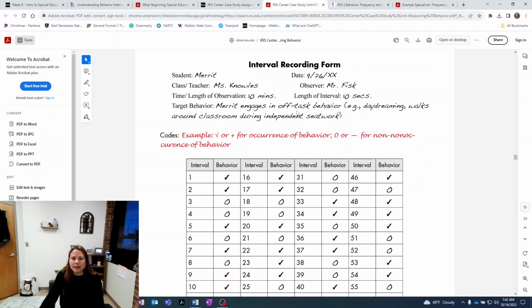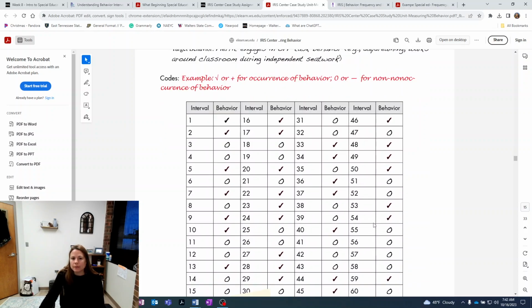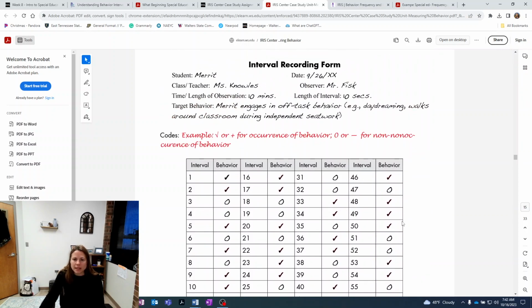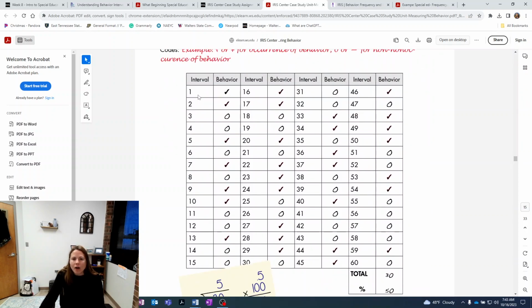So for 10 minutes, right, they recorded. But they were only looking specifically at 10 seconds at a time, right? That's called partial interval. If it was whole interval, they looked at the whole 10 minutes. But all of these are 10 seconds. 10, 10, 10, 10, 10, and so on.